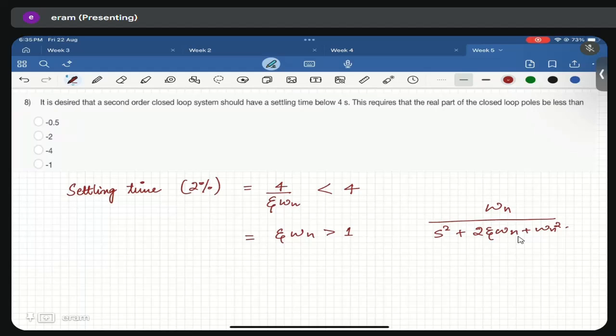Yes. The poles we can write as minus zeta omega n plus minus j omega n under root 1 minus zeta square.